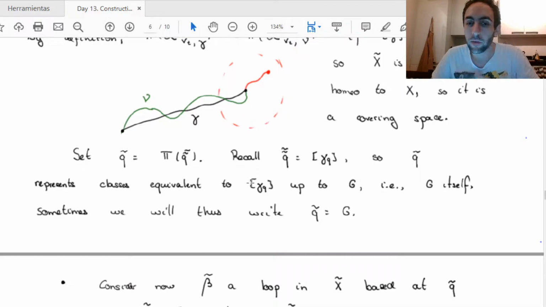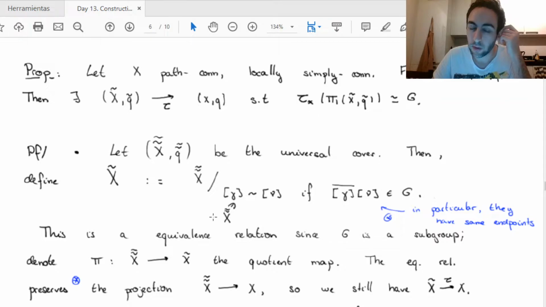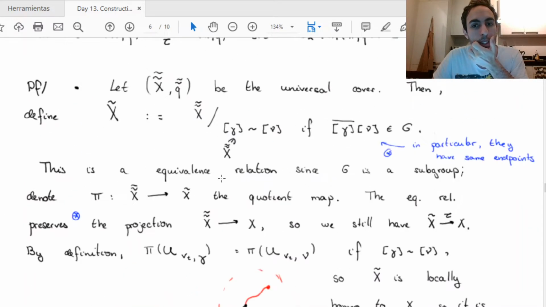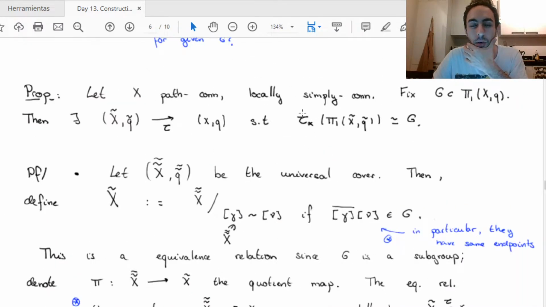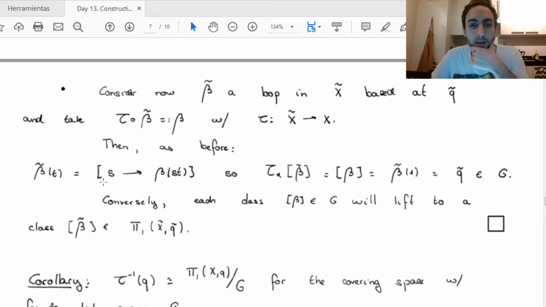All right, so what is left now is we have to show the claim about the fundamental group. So let's go down to here. How do we do this? Well, we have to prove two things, right? We have to prove that the image of tau push forward is contained in G, and then we have to prove that in fact this is an isomorphism, so that this map is injective. And how does this work? So let's start by proving the containment first.